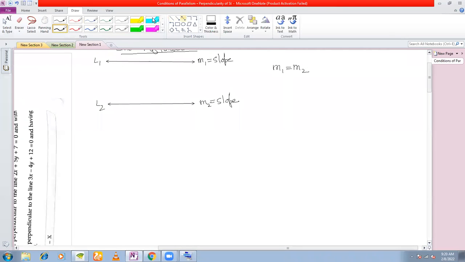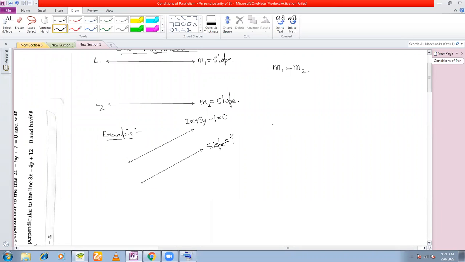So if I, for example, give you two parallel straight lines, and if I give you the equation of this line as 2x plus 3y minus 1 is equal to 0, and if I ask you what should be the slope of the other line, then how will you find out the slope of the other line?